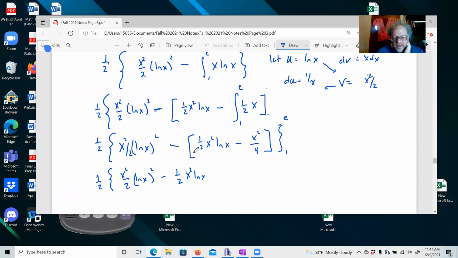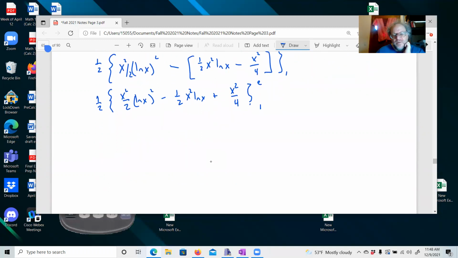And then minus times a minus is a plus, and we're going to have our x squared over 4 from 1 to e. Now, if you want, you can factor this in. So it's going to be x squared over 4 ln x squared minus 1 over 4 x squared ln x, plus x squared over 4. Oh no, 2 times 4 would be 8. And now we're going to have 1 to e.